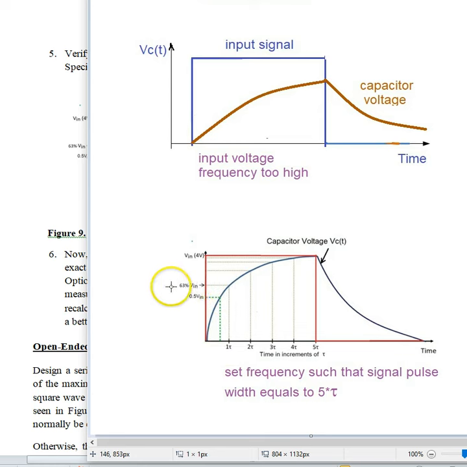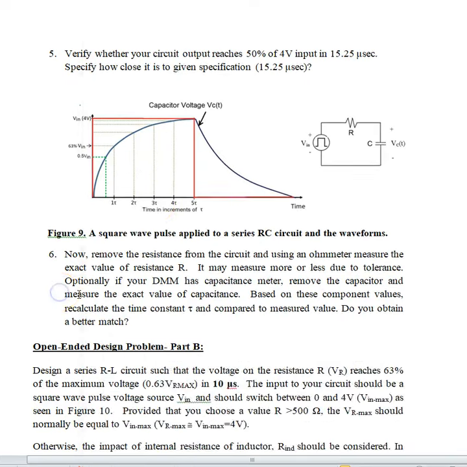Just look at the 63% point. That means the frequency of the input waveform should be such that the pulse width equals 5 tau, and you know that the pulse width is half the period. So you can multiply the pulse width by 2, and 1 over that would be the frequency. You can easily figure this out. I think it's 1 over 10 tau, but please observe this for yourself.